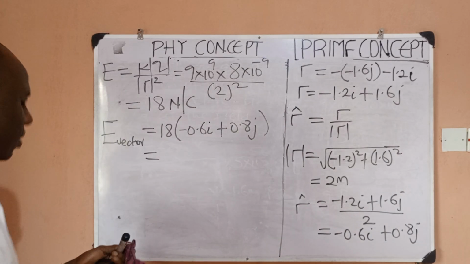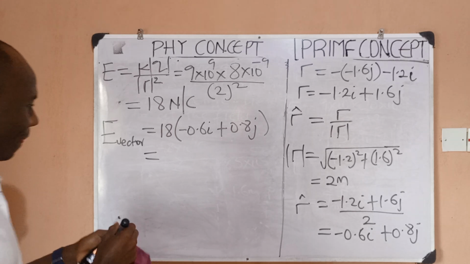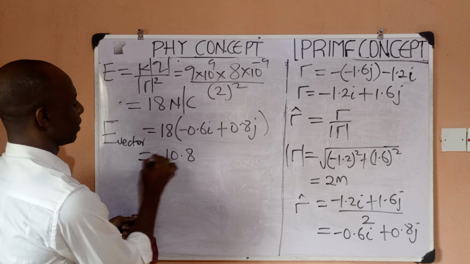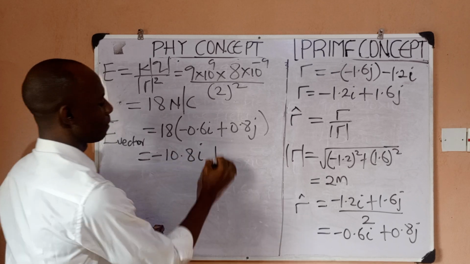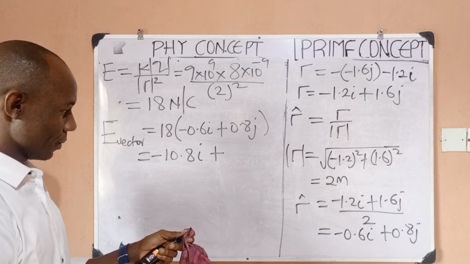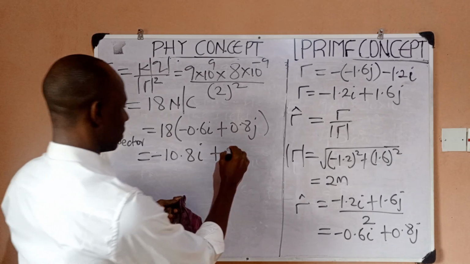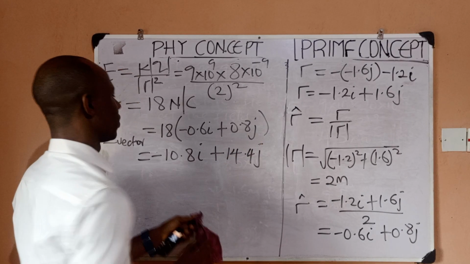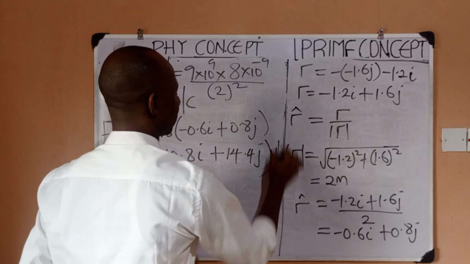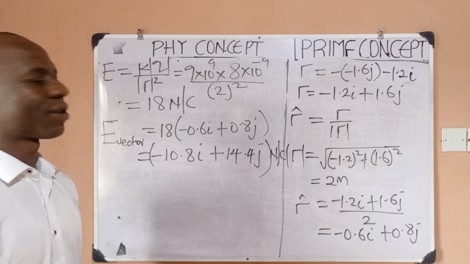If you punch this, you will have minus 10.8i plus 14.4j. This is what we have as our final answer, in Newton per coulomb. So this is the electric field vector that is required in that problem.